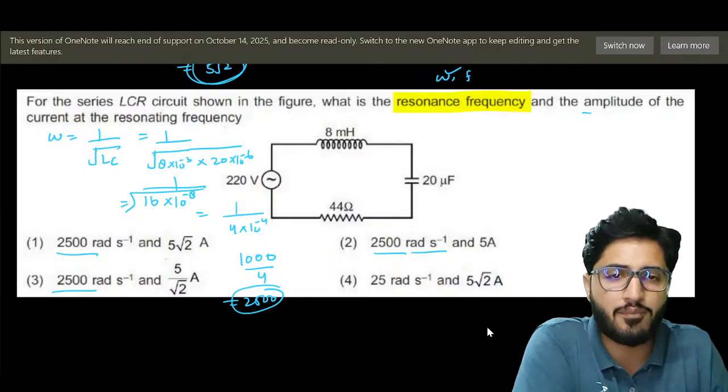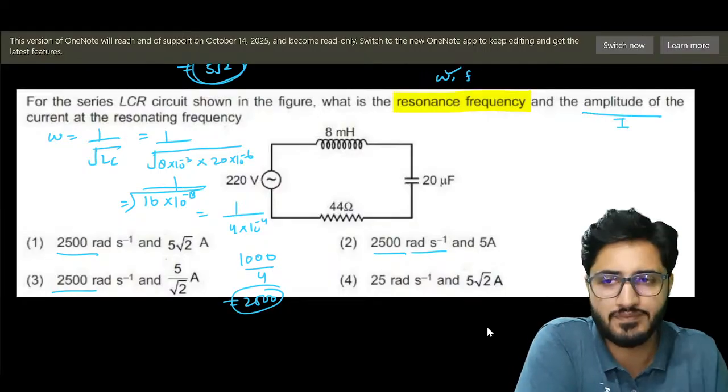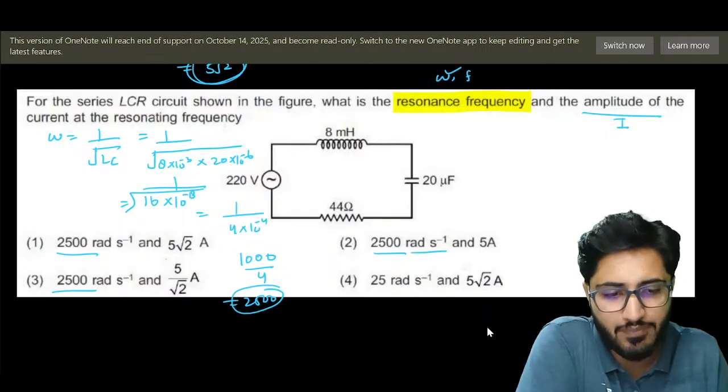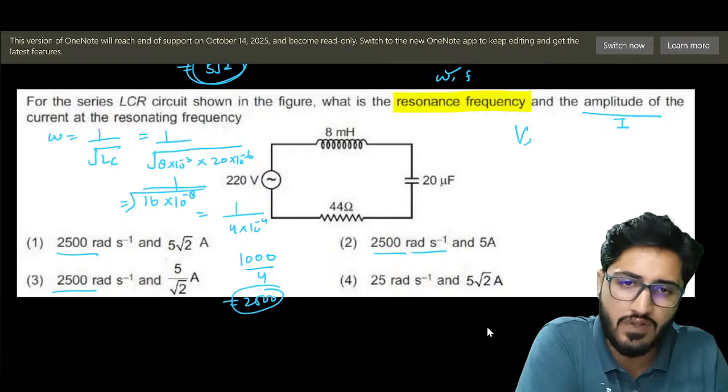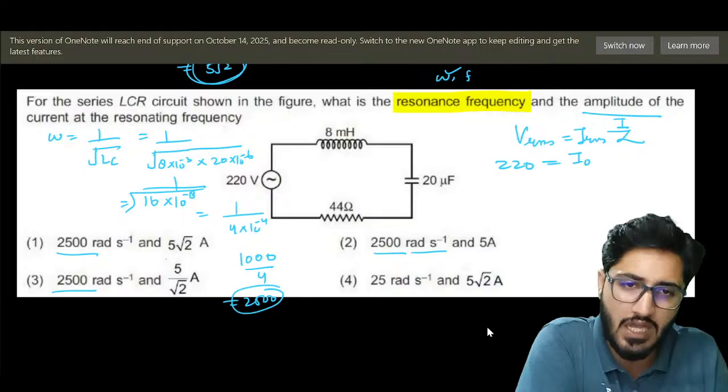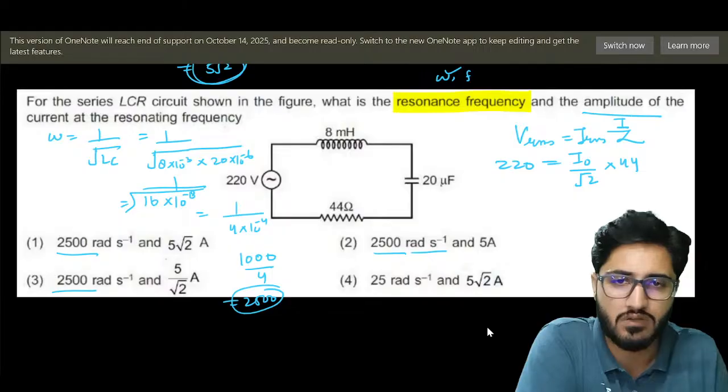So this could be my answer. Now the amplitude means current at the resonant frequency. That simply indicates we have to find out VRMS equals IRMS multiplied by Z. What is VRMS? 220. IRMS is I naught by root 2, and Z equals 44. Why?